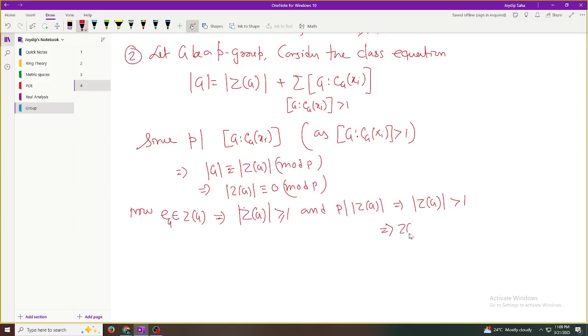This implies Z(G) is not trivial. So the center of a P group is not trivial.